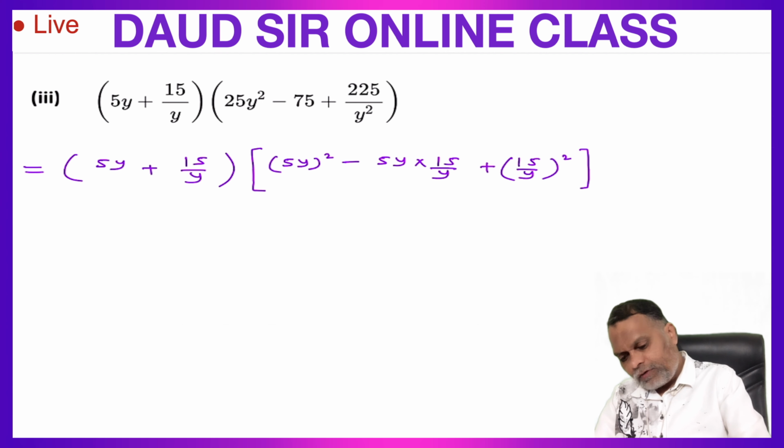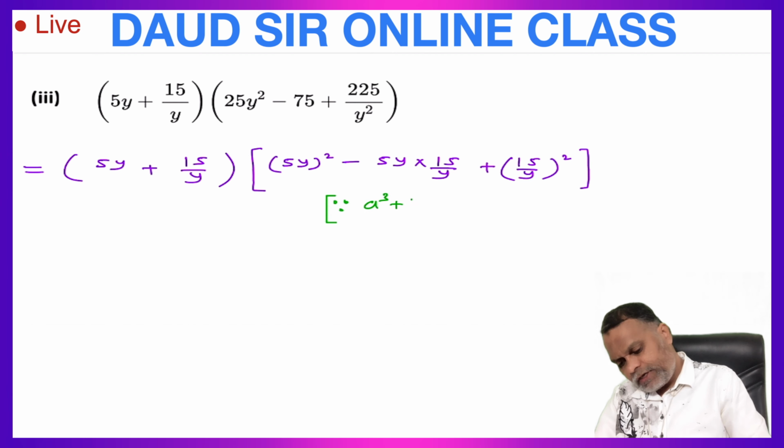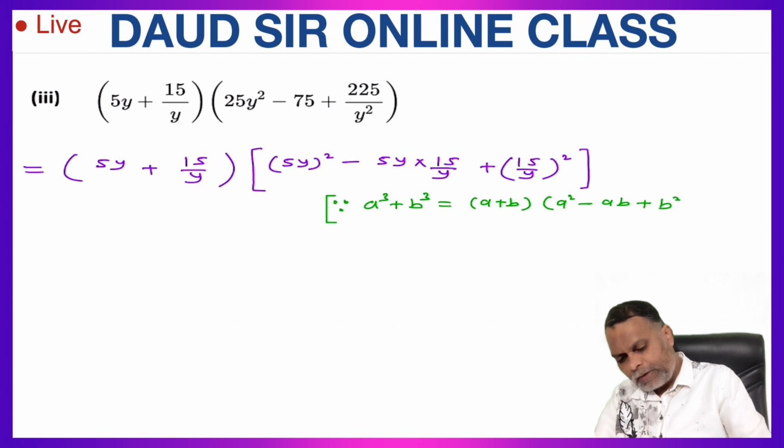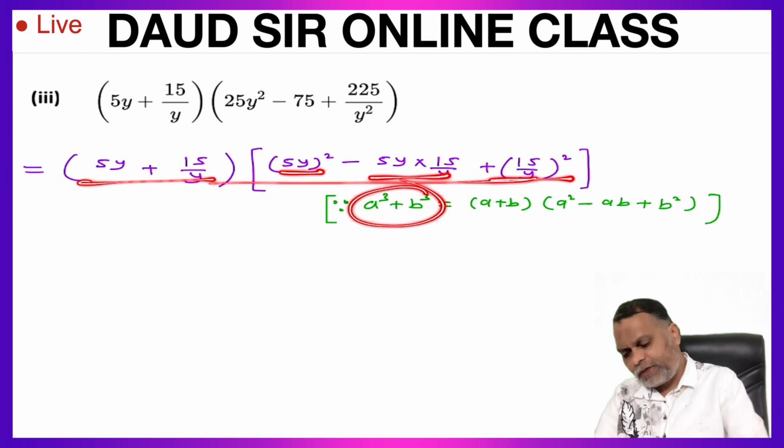Now we can apply the identity. Since a cube plus b cube is equal to a plus b into a square minus ab plus b square. Here this is a plus b, a square minus ab plus b square. So we can write this a cube plus b cube.